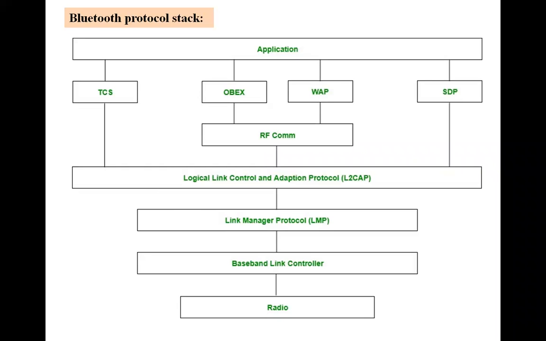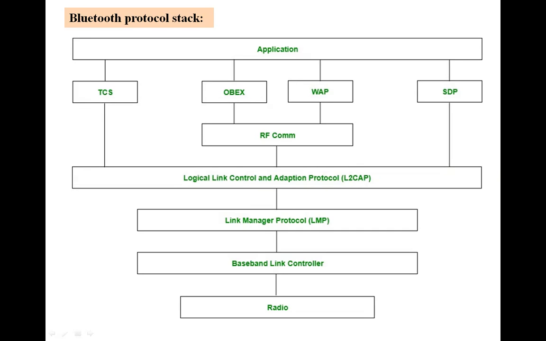This is the internal structure of Bluetooth. Here you can see at the bottom there is a radio. Above that there is a baseband link controller, then the link manager protocol, then logical link control and adaptation protocol.